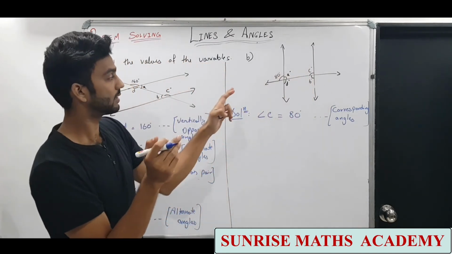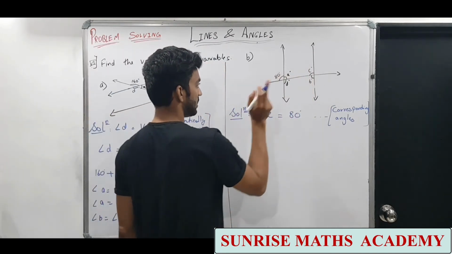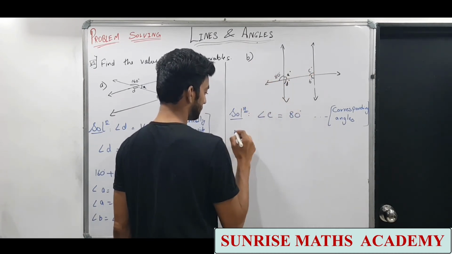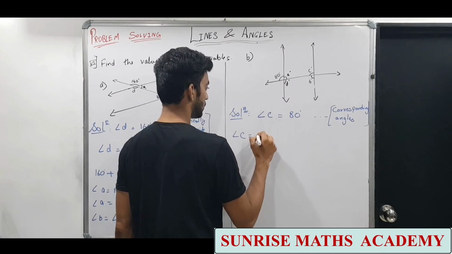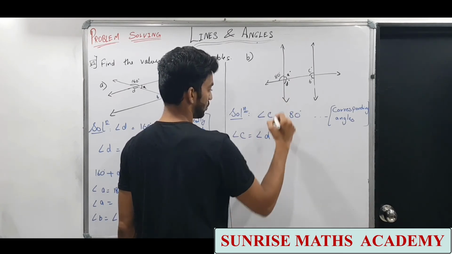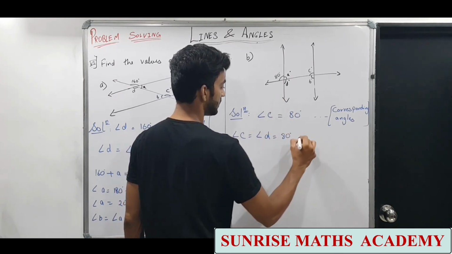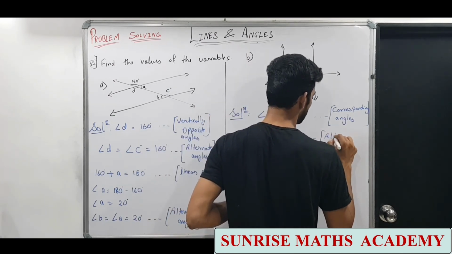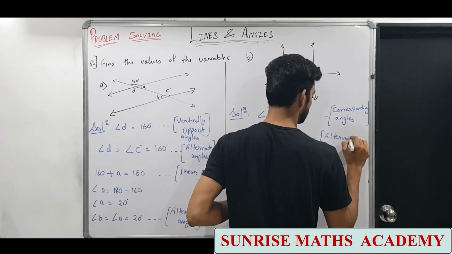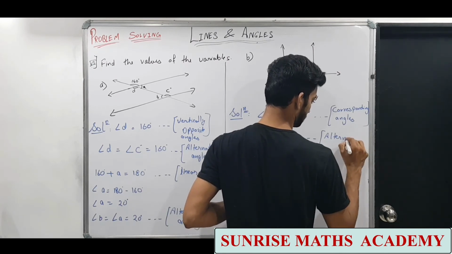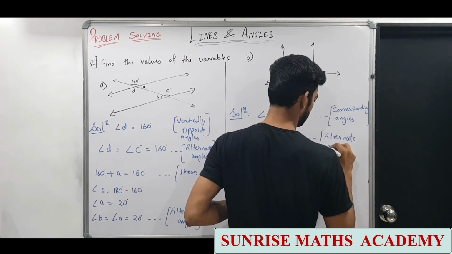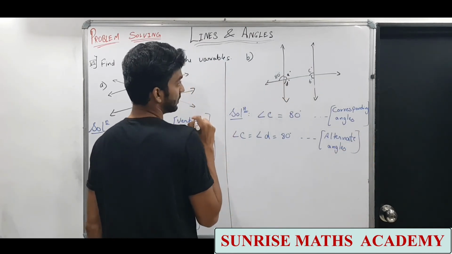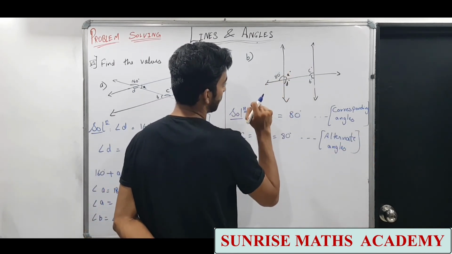So that's how we get the corresponding pair. C equals to D. Angle C equals to angle D. So वो भी हो जाएगा 80 degree. That is alternate angle. So C and D is done.